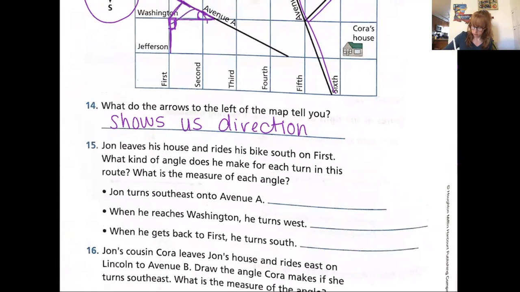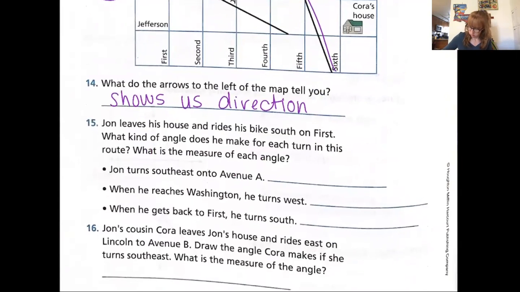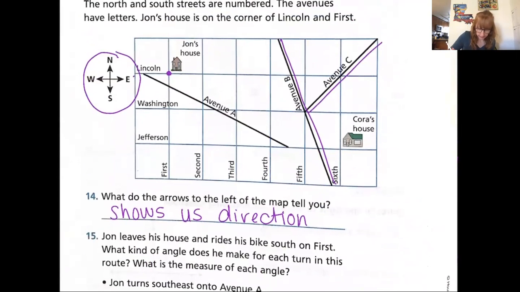We'll erase John's bike marks. Cora leaves John's house and rides east on Lincoln. And then to Avenue B. So all the way down here. Okay. Then if she turns southeast on Avenue B, that would be this way.